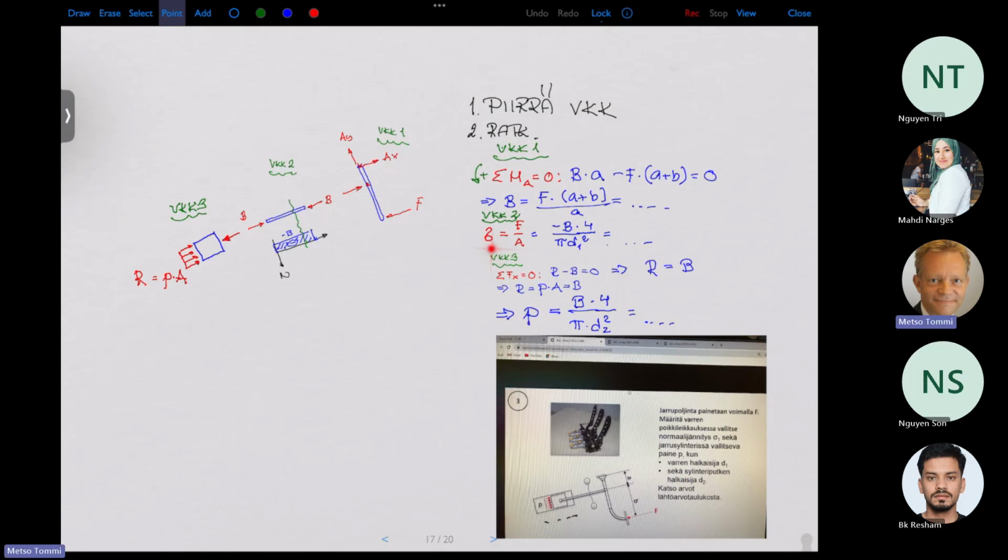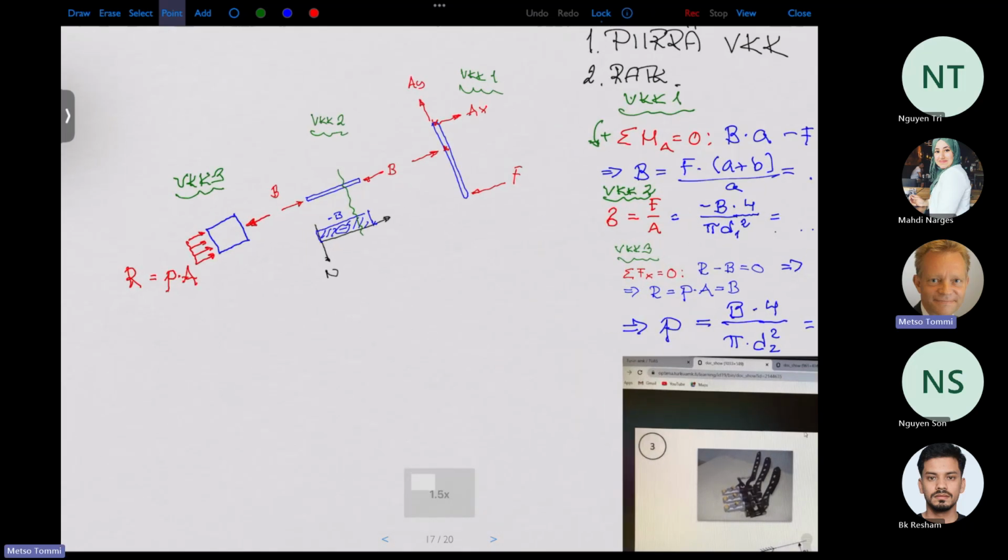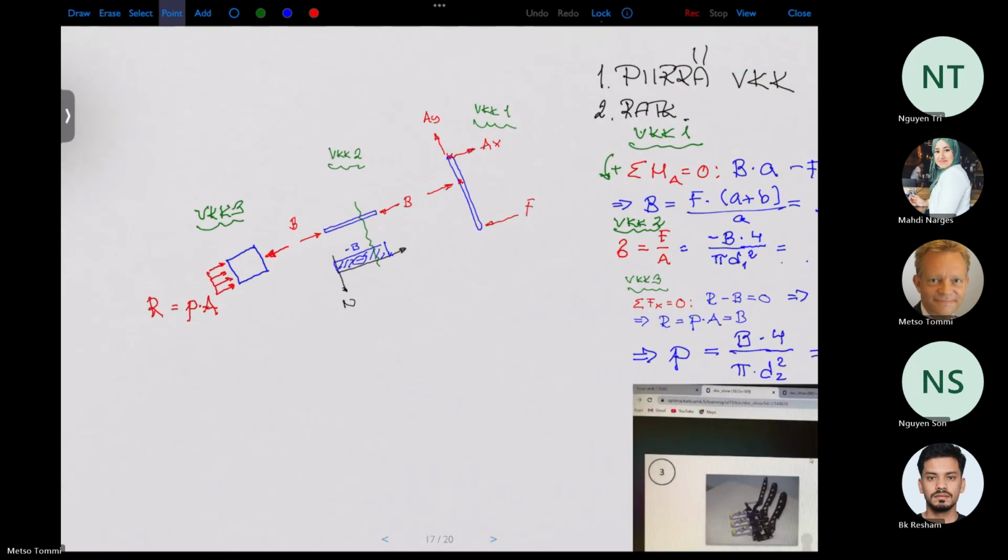And the last thing to calculate is the pressure. And the pressure is in the cylinder tube affecting the piston. And the resultant of this pressure is always pressure times the area of this cross-section. So the resultant is pressure times area.